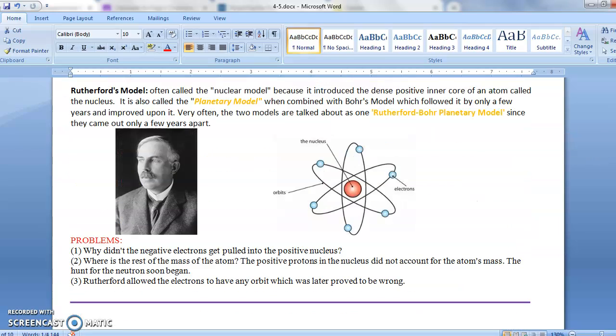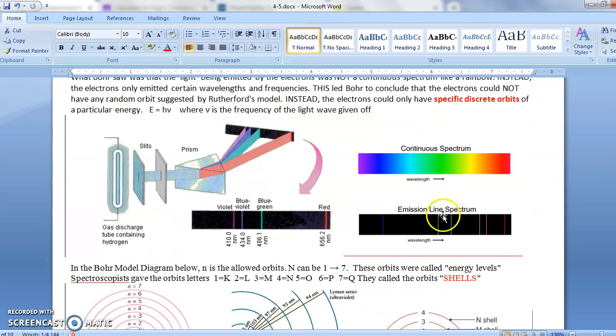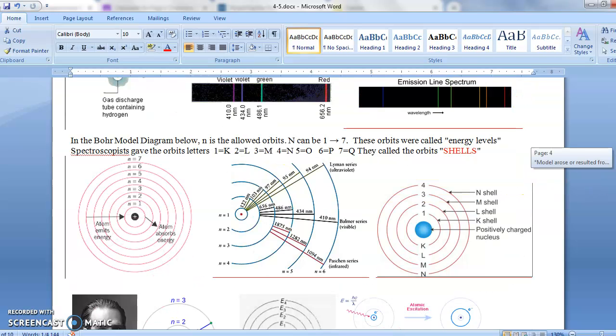If Rutherford was right, electrons could have any energy, any orbit, you would see this continuous spectrum. But for the fact that you saw only certain bands, it meant the electrons could only have certain energies. What Bohr realized is that the electrons had to be traveling in certain orbits.